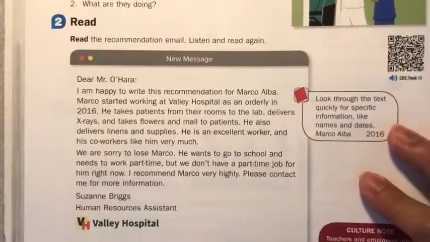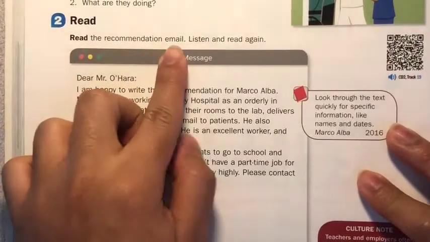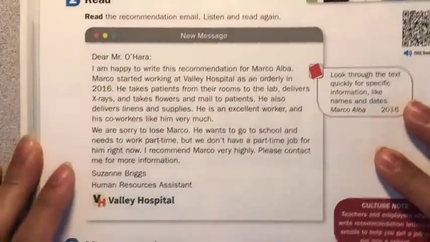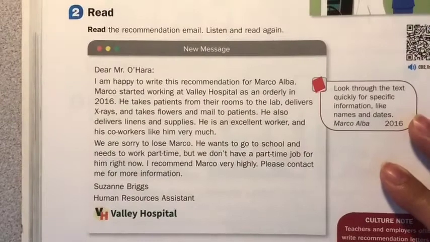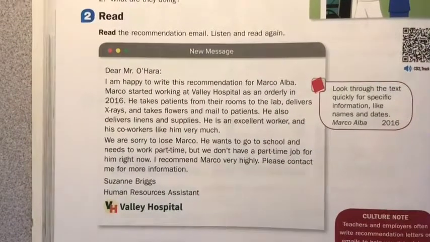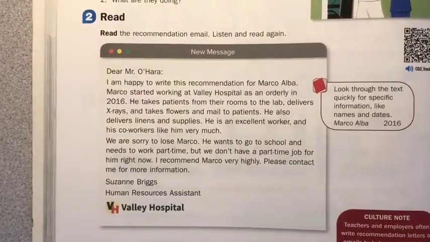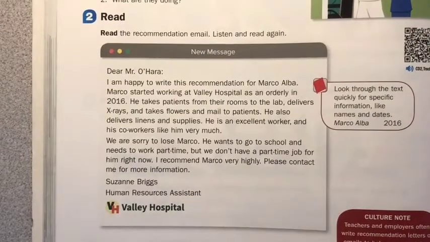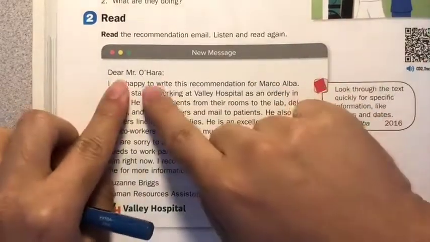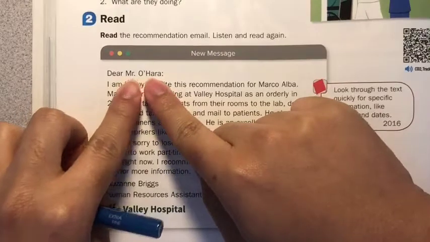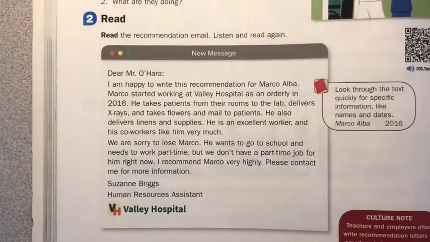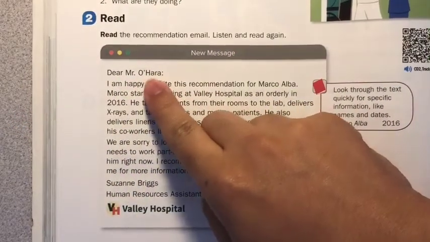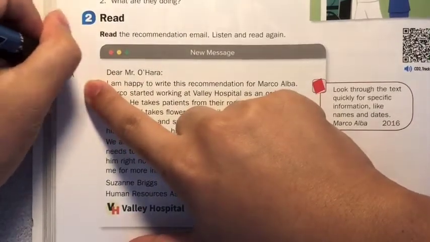All right, so read the recommendation email. So now we know this is an email. Because it's an email, I want us to talk about who the letter is from and who the letter is to. So at the top, we have Dear Mr. O'Hara. Because this says Dear and this person's name is at the top, we know this is who the letter is to.